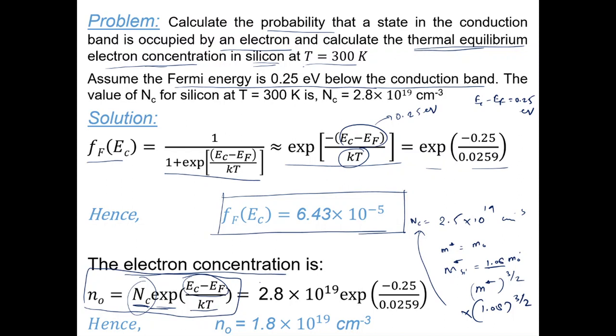So you feed that value here, you put the exponents, and you get the electron concentration in this particular scenario, which is 1.8 into 10 to the power 19 per centimeter cube.